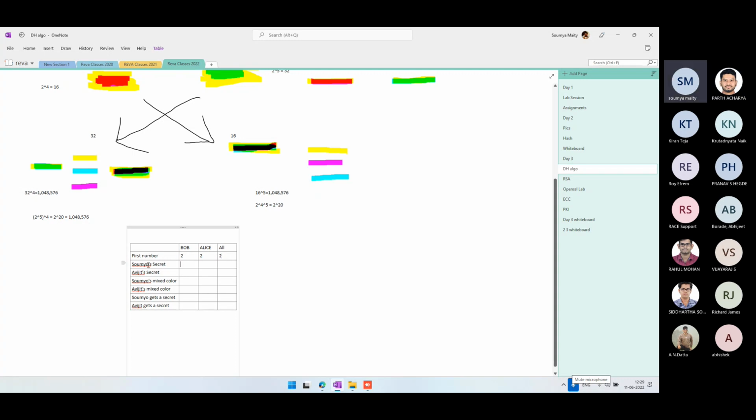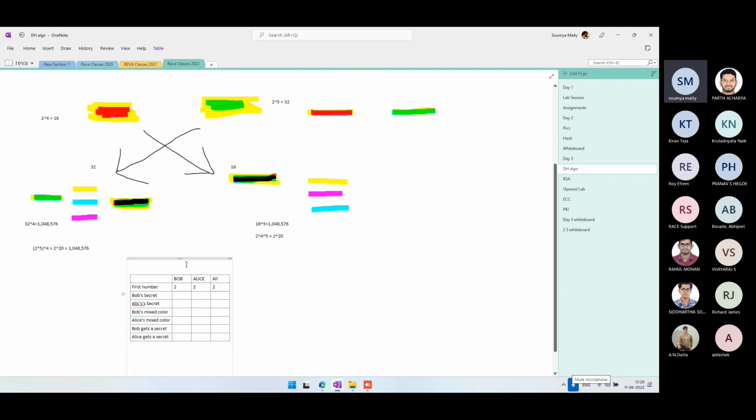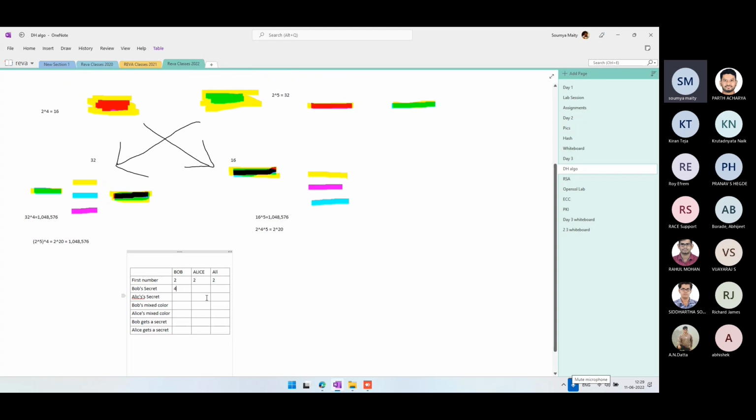Then this is Bob's secret. In our example we took 4, right?